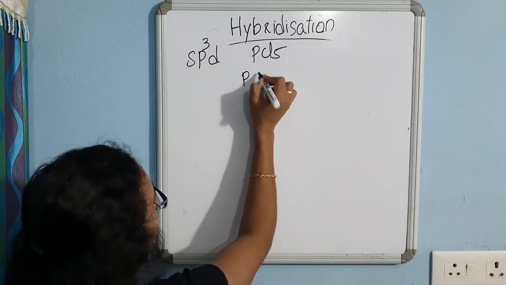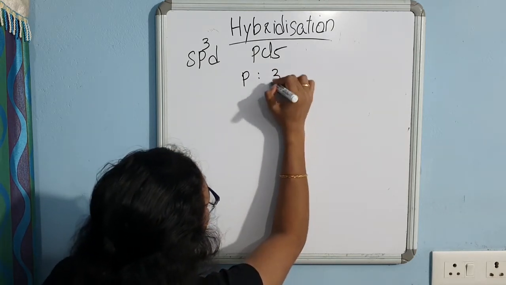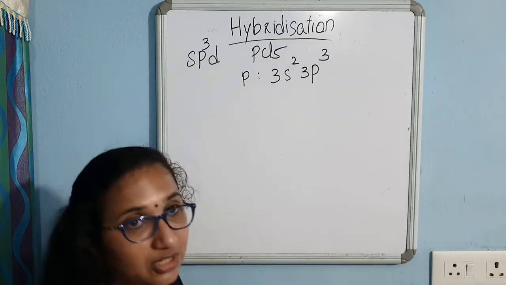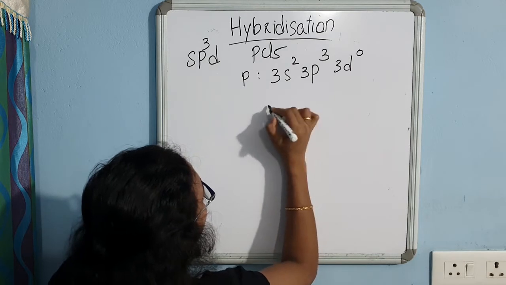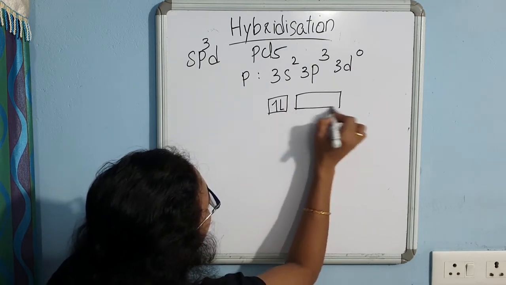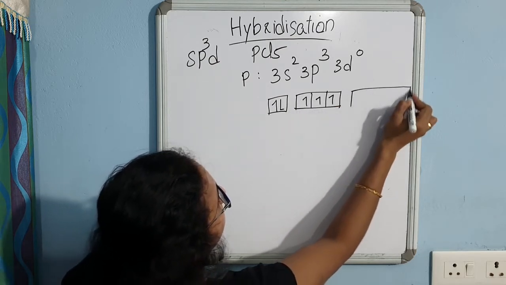And for phosphorus, we know the valence configuration is 3s2 3p3 and 3d0.